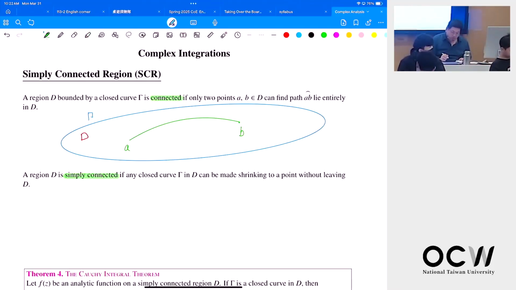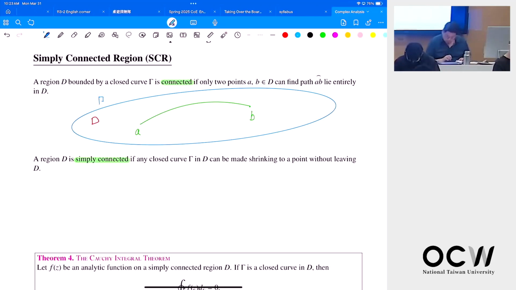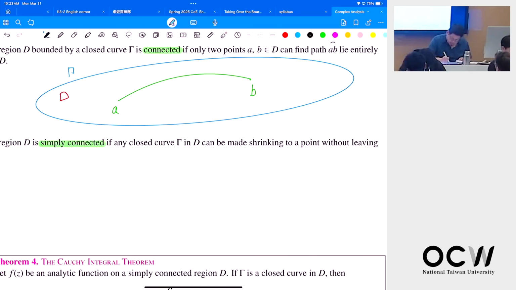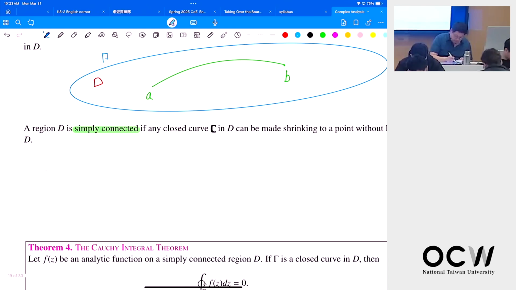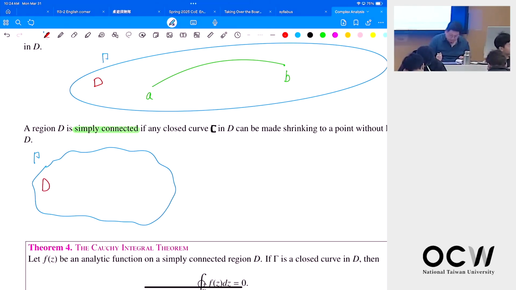We call the region D simply connected if any closed curve tau in the region D can be shrunk to a point without leaving this region D. So suppose I have a closed curve tau, and then I have a region D. Inside the region, I have a closed curve C, say in this way.